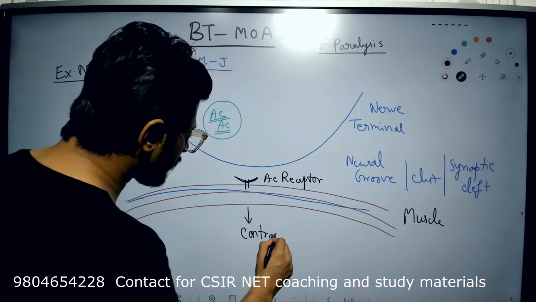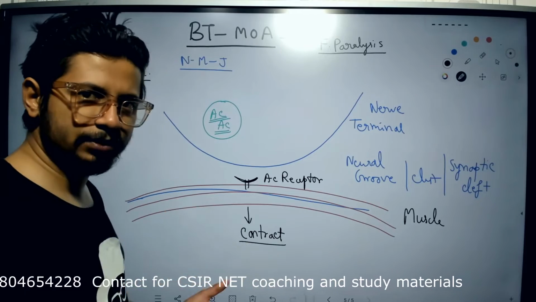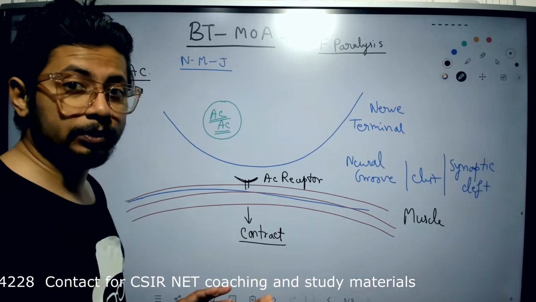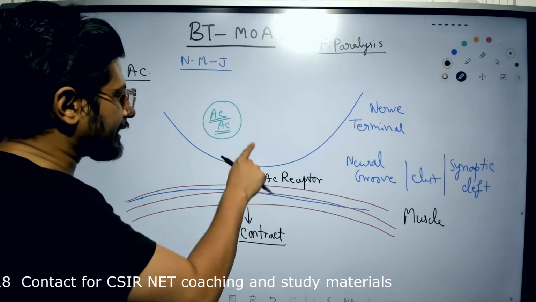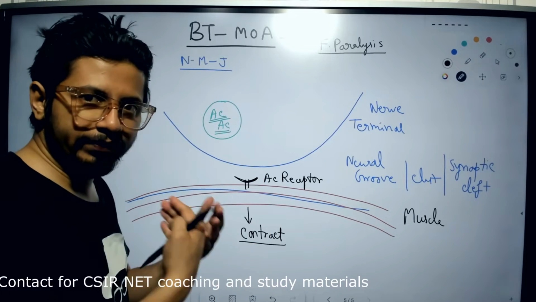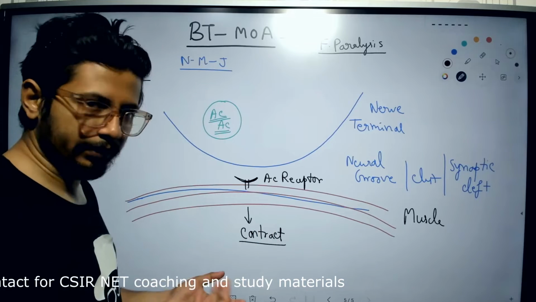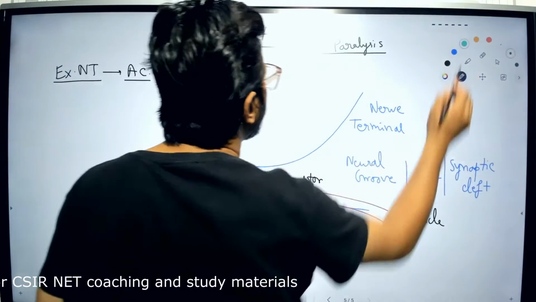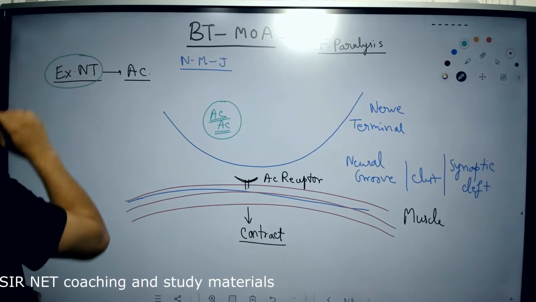There is a whole mechanism of how muscle contraction is done, but that is a separate deal. We are not going to talk about that. But know the impact: once acetylcholine interacts with the acetylcholine receptor in the muscle, it causes contraction. That's why it is known as an excitatory neurotransmitter, because it excites our muscle to contract.